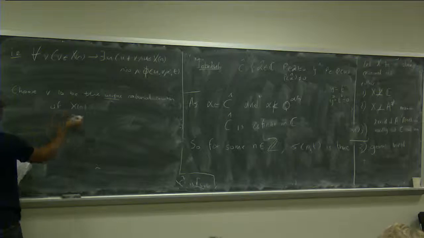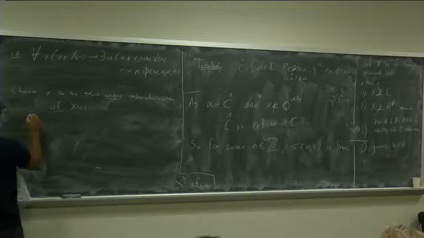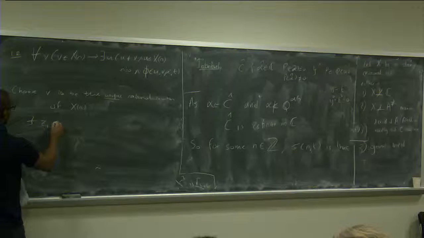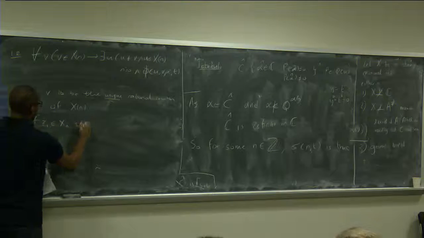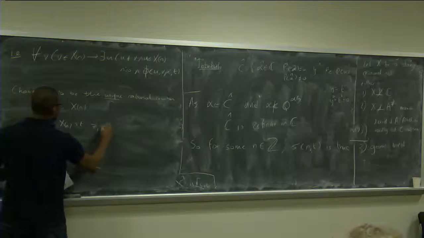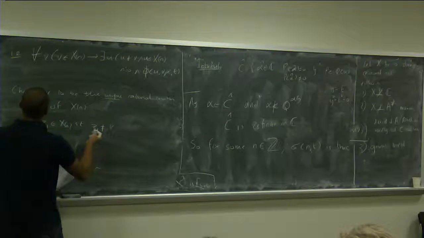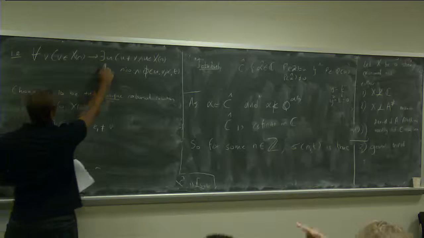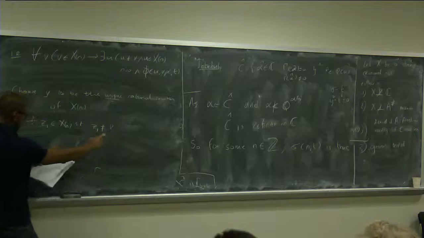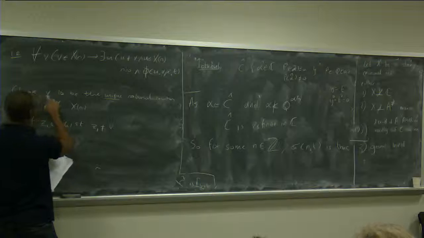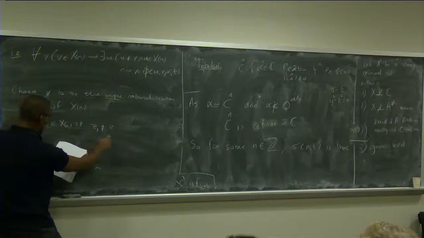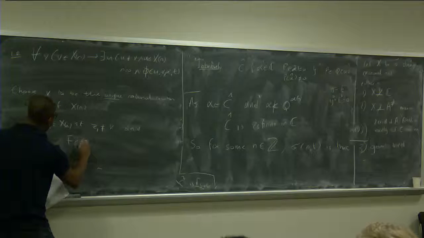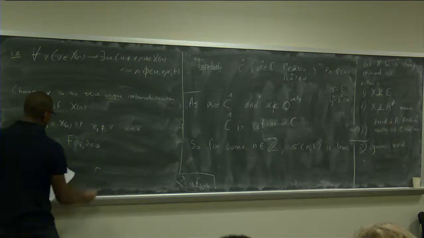This is saying that there exists a z1 in xn such that z1 is not the same as v, and f of z1 is 0.